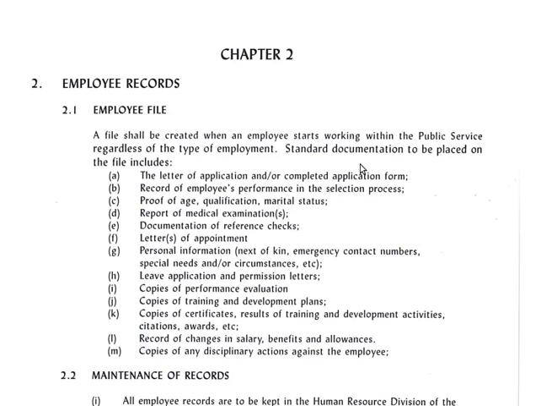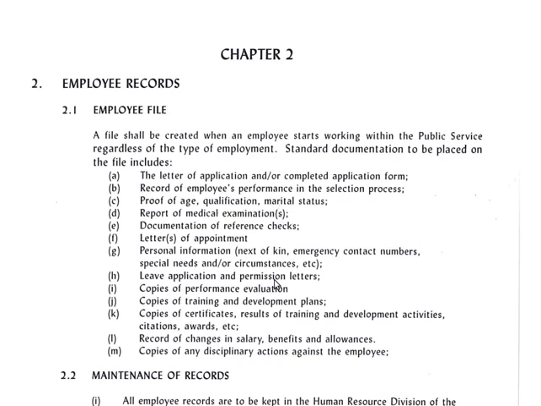Standard documentation to be placed on the file include the letter of application and/or completed application form, record of employee's performance in the selection process, proof of age, qualification, marital status, report of medical examinations, documentation of reference check, letter of appointment, personal information such as next of kin, emergency contact numbers, special needs or circumstances, etc.